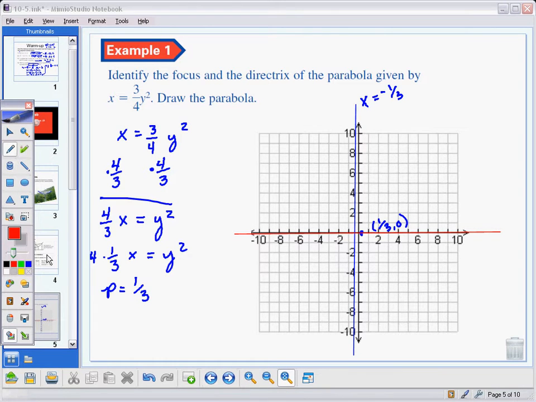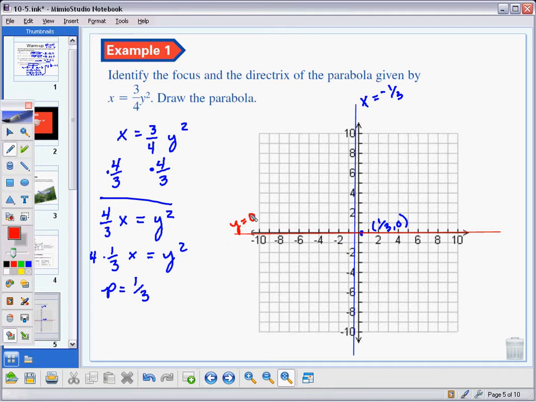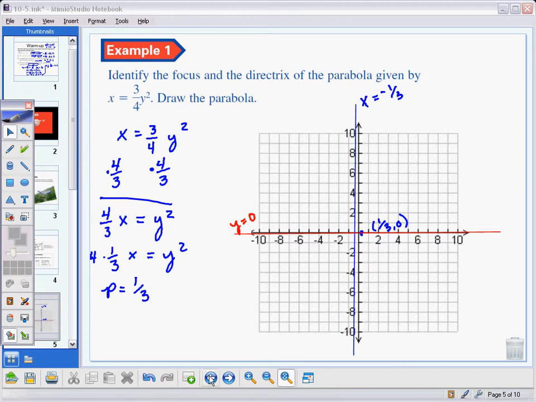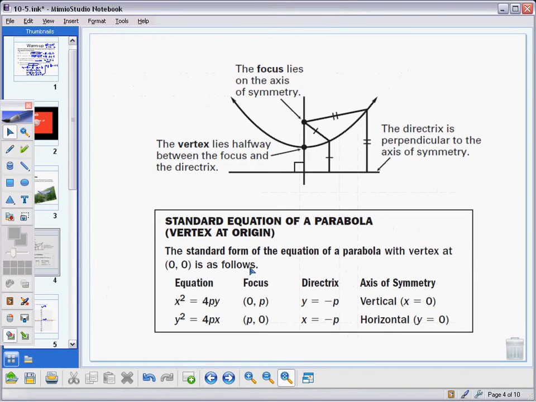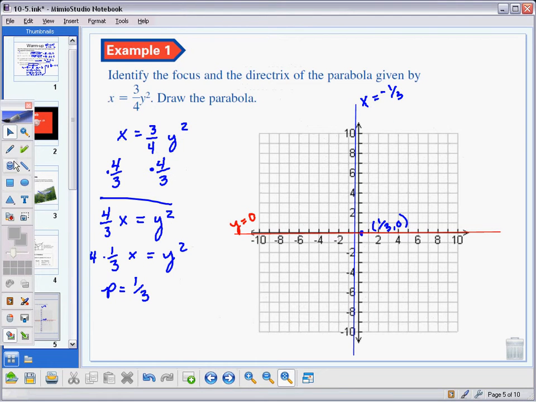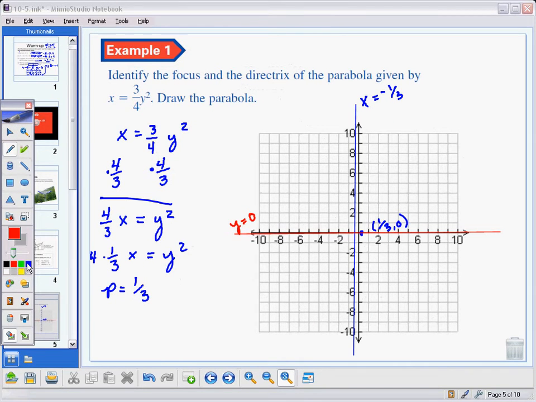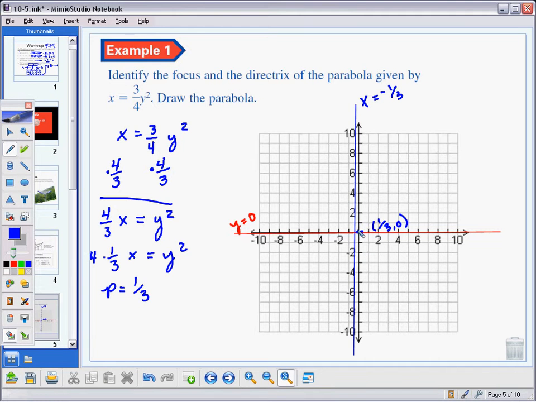And then it also says, when we have it in this format, the vertex is at (0, 0). So my vertex will be at (0, 0). That's my vertex.